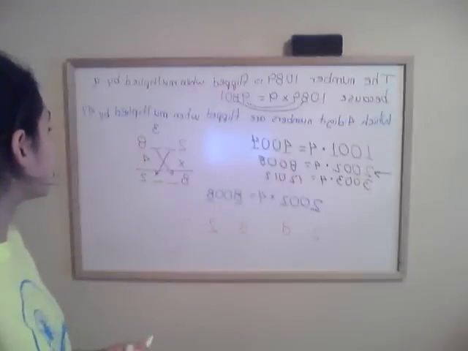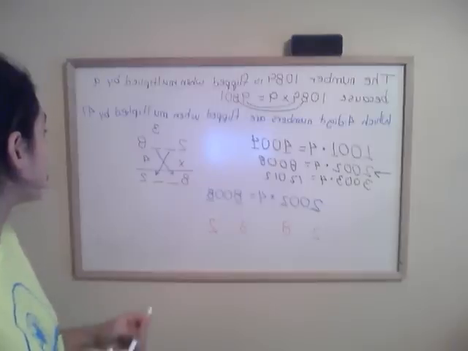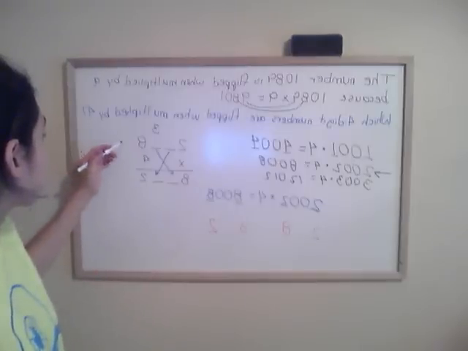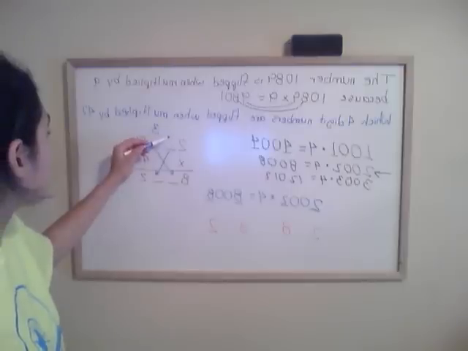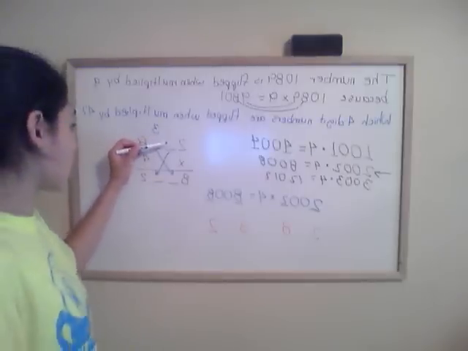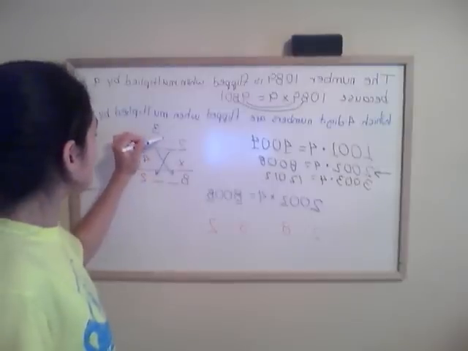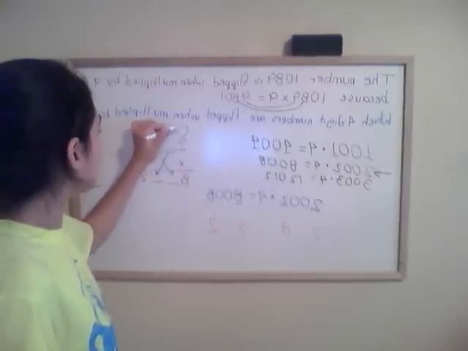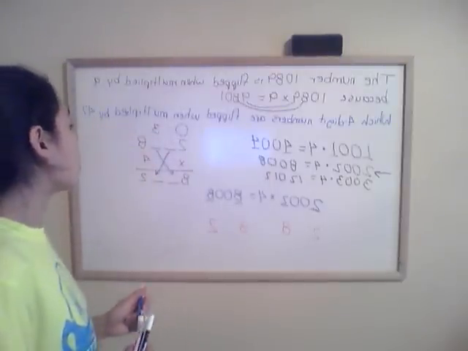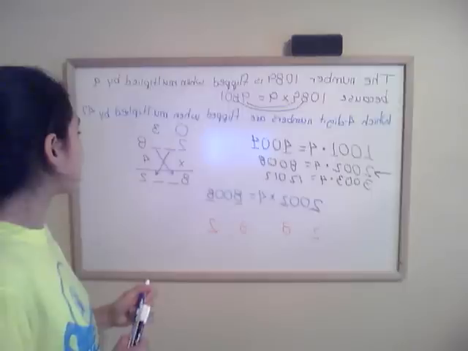So I know that this number can't be so big that it will have a number that will be on top of the 2. So it needs to be a small number.